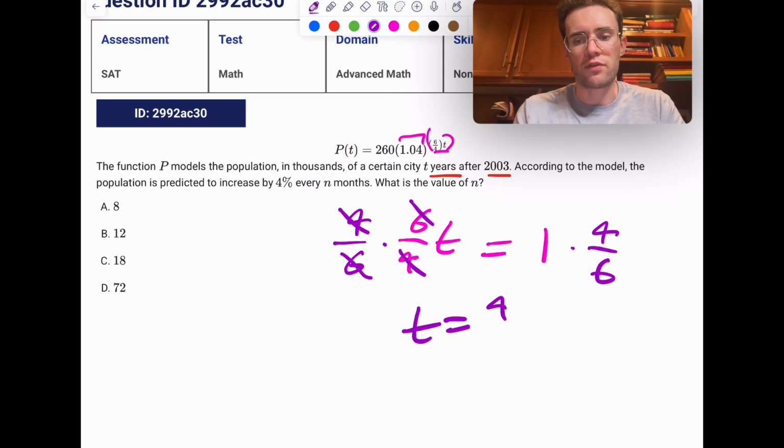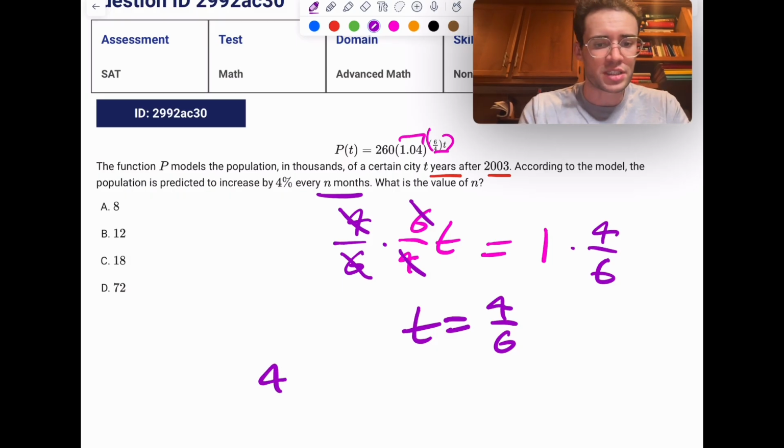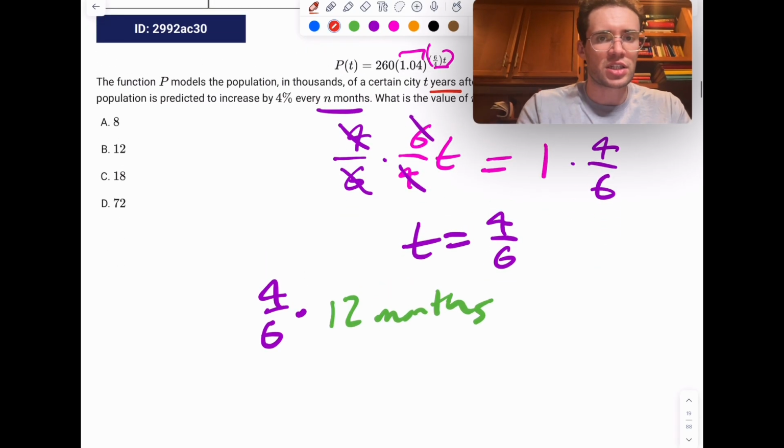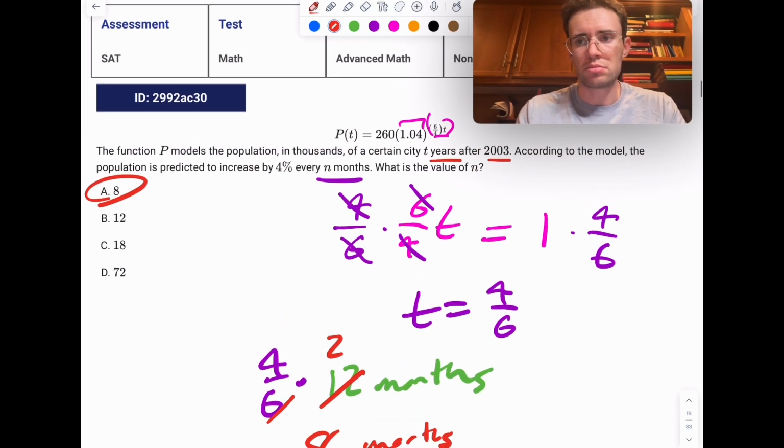We get t is equal to 4/6 of a year. Now, if they want to figure out how many months, n months, well, a year is 12 months, so 4/6 times 12 months, 12 divided by 6 is 2, 2 times 4 is 8, so that's 8 months.